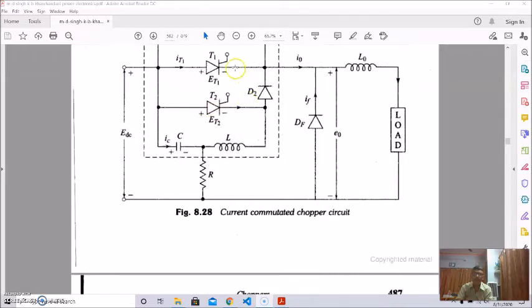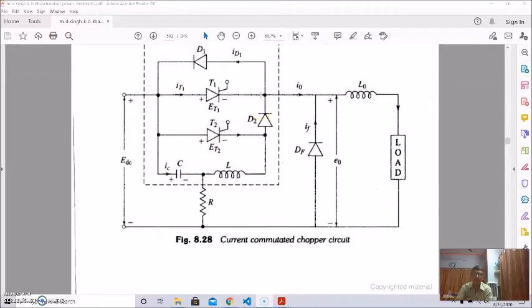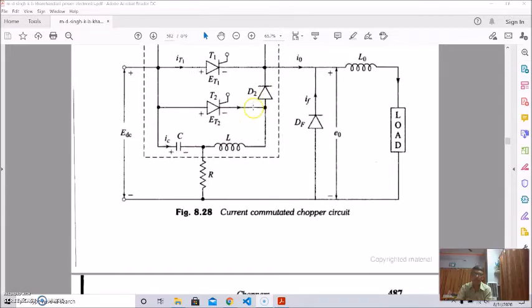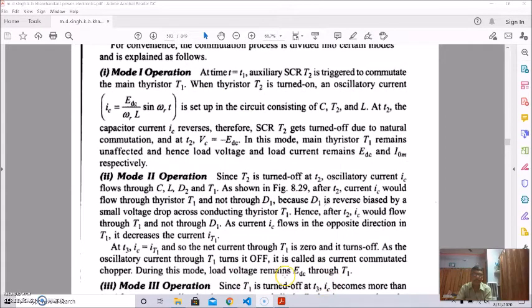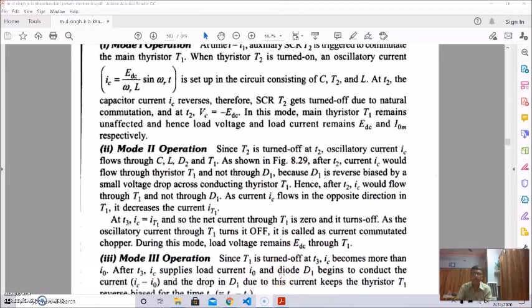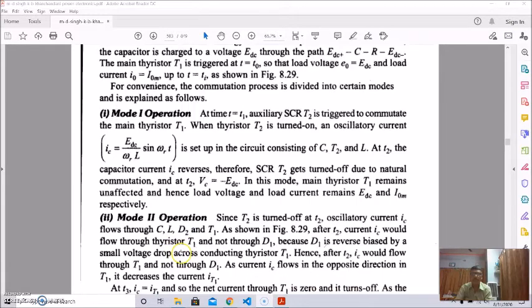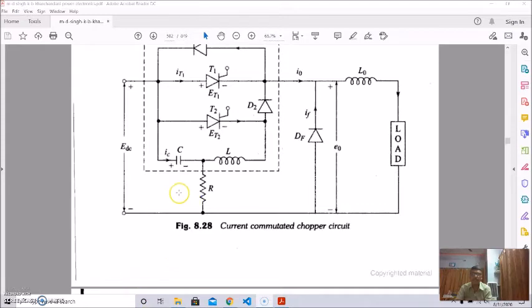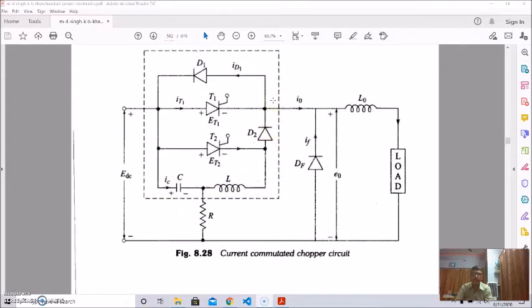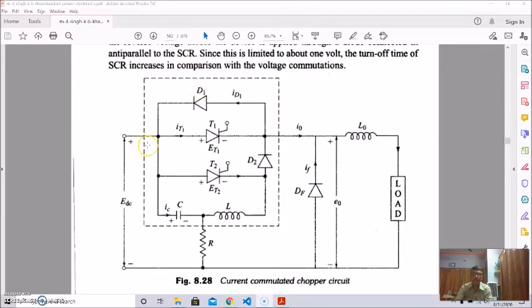This is the oscillatory current flowing through D2. It flows in this way: C, L, D2 and T1.